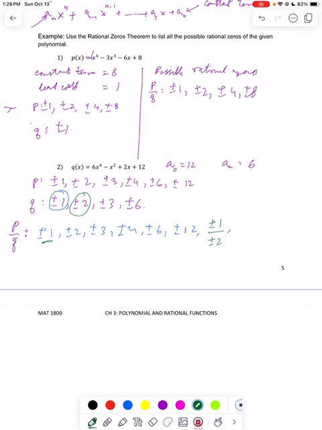Then plus minus 4 over plus minus 2, which will give us what? Plus minus 4 over plus minus 2 will give us plus minus 2, which is already present here. So we will not rewrite that value. So then next will be plus minus 6 over plus minus 2. What does that give you? Well, 2 goes into 6 3 times.